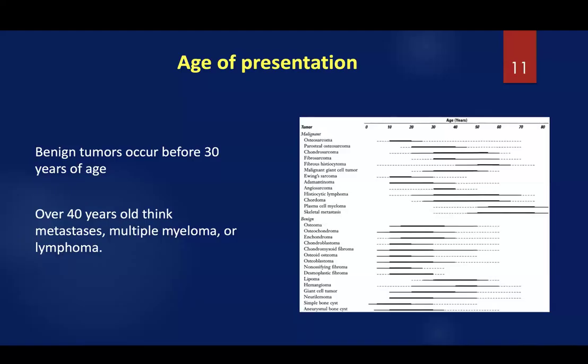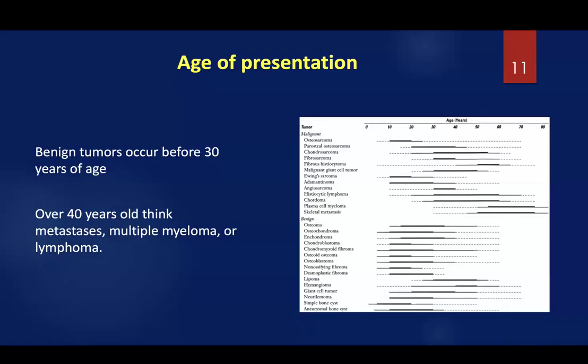And if you concentrate more, most primary bone tumors occur in the first and second decade of life. Osteosarcoma and Ewing sarcoma are common in pre-pubertal or close to pubertal age, while mets, myeloma, and lymphoma typically occur in patients above 40.